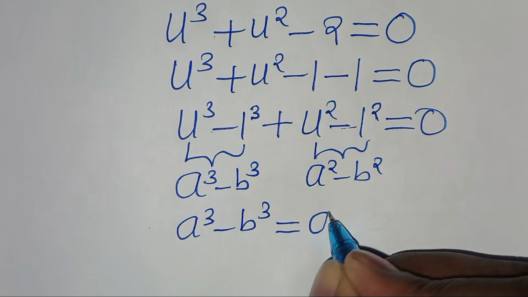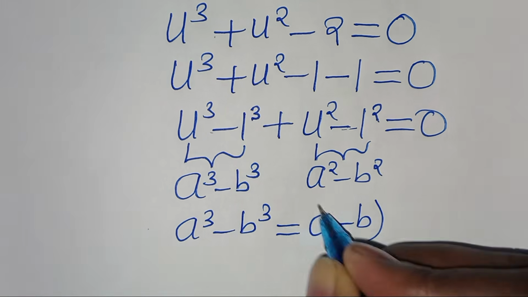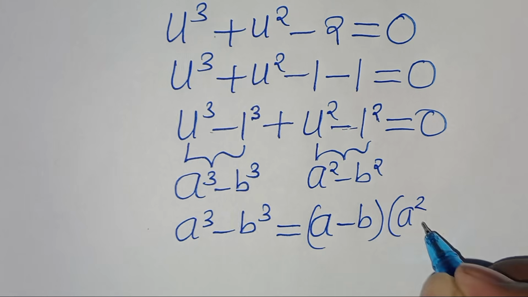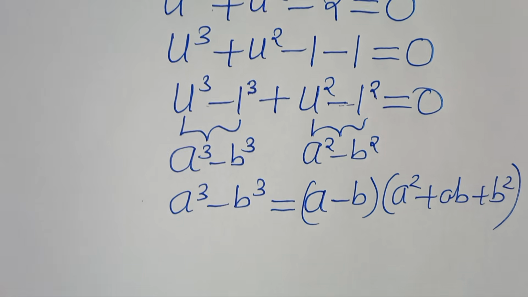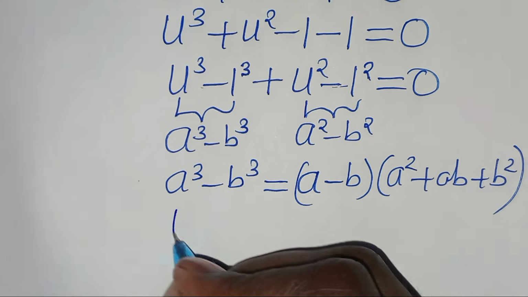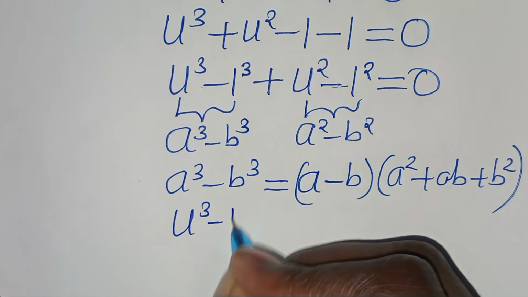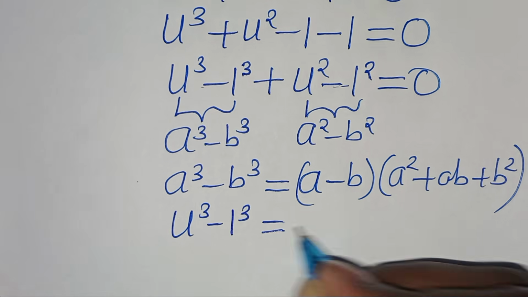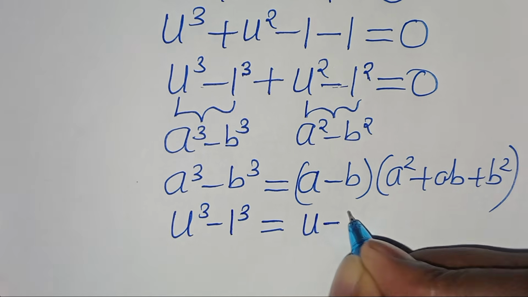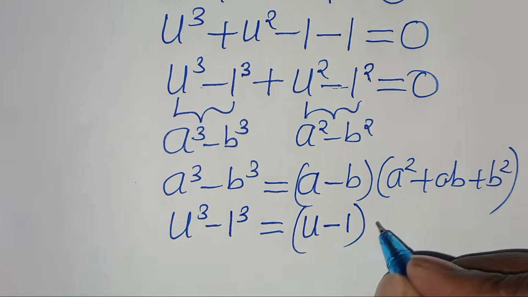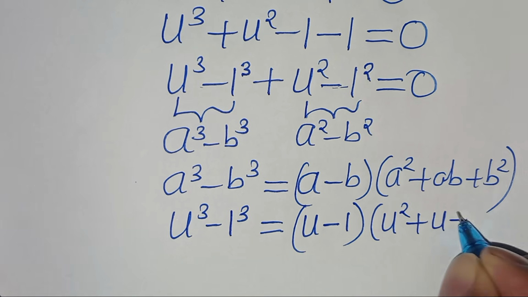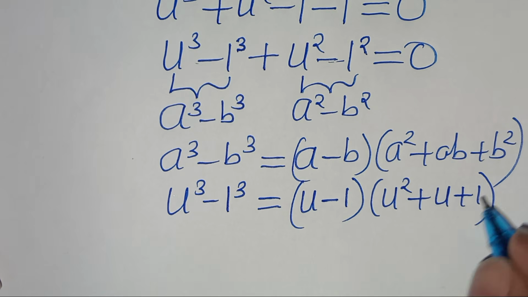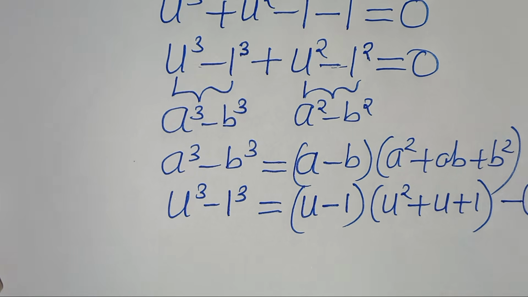This can be expressed as a subtract b, a to the power of 2 plus ab plus b to the power of 2. So that now u to the power of 3 minus 1 to the power of 3 can be expressed as u minus 1, then we have u to the power of 2 plus u, then plus 1. Let's call this case 1.